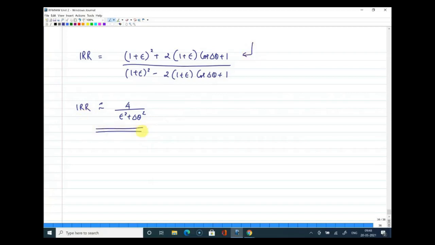Now if delta theta is very small, your cos delta theta can be approximated, and if you further work on this, you get something very close to 4 by epsilon square plus delta theta square.